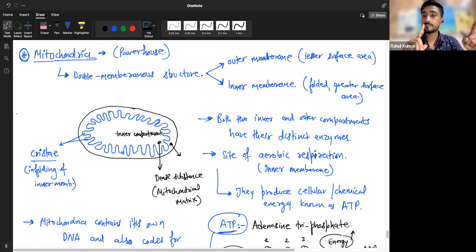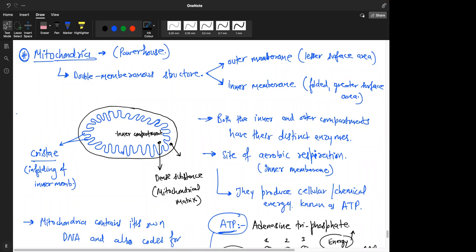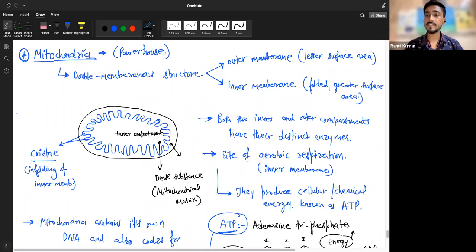It will rely on the cell's genetic material, the nucleus, right? All the commands will come from the nucleus. It will only have the structure important for the function for which it evolved. But if an organelle has everything of itself and still is inside our cell, probably it did not evolve in our cell. It came from outside and then started living with a eukaryotic cell.